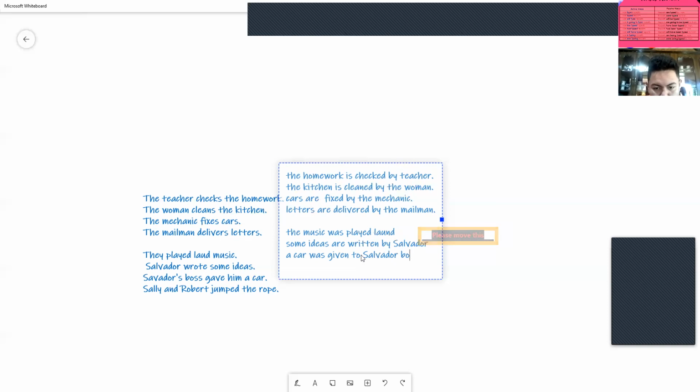¿Quién se lo dio? El jefe. Entonces, ¿cómo le digo por? ¿Cómo les digo quién hizo la acción? El jefe. Ok. ¿Y cómo digo por el jefe?